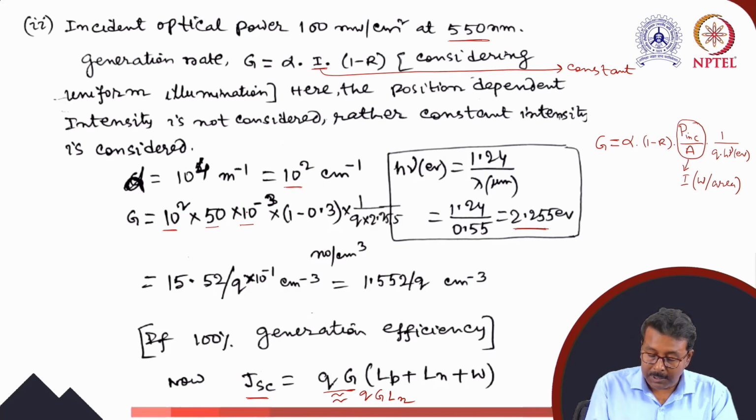So per centimeter square, per centimeter cube. 1 minus 0.3 by 1 by q into 2.25, that is the h nu value in electron volt, electron volt into joule, watt per centimeter square. In this way, if you calculate, 15.52 by q into 10 to the power minus 1 per centimeter cube, that is nothing but 1.552 by q per centimeter cube per second.